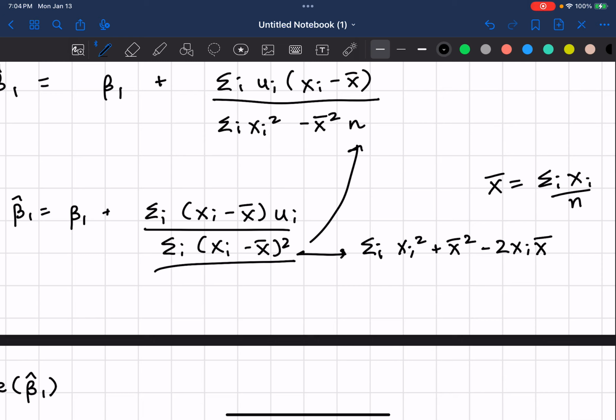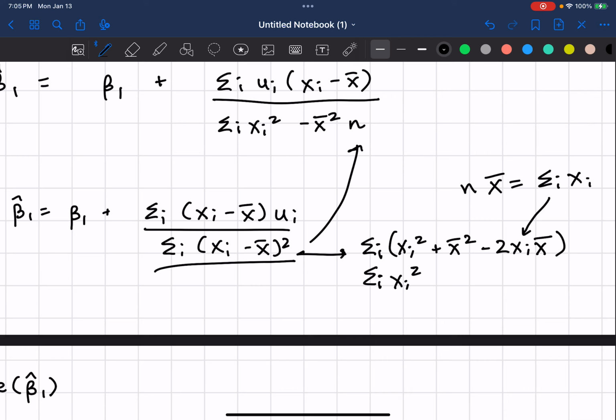So we'll get, and then let's multiply the n over to this side and sub in here. Then we'll get sum I xi squared. I also want to break this up into 3 different summations. So instead of having it be one summation, I'm going to have it be 3 different ones.